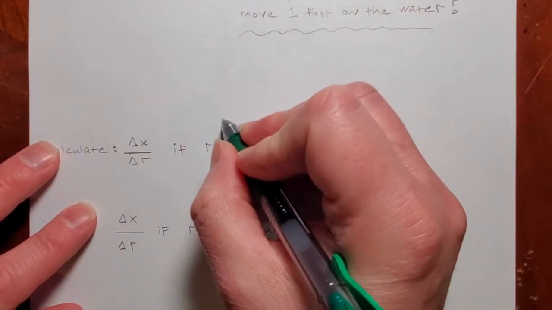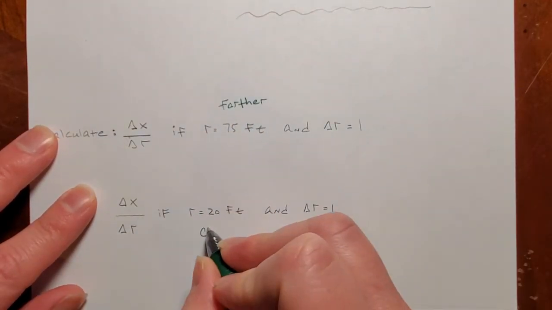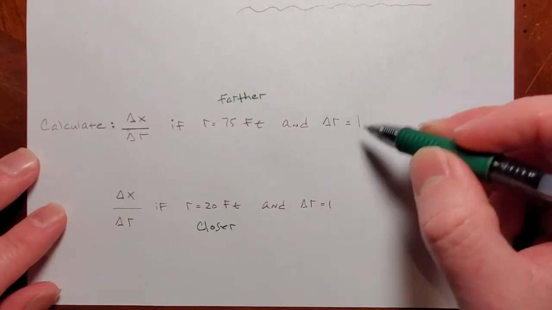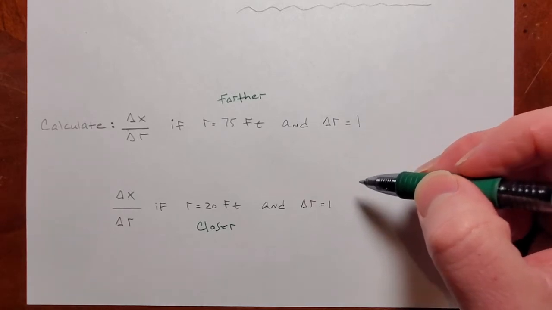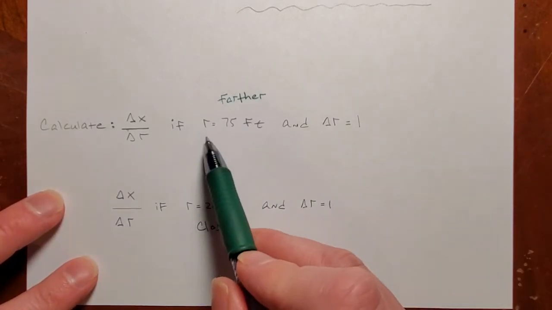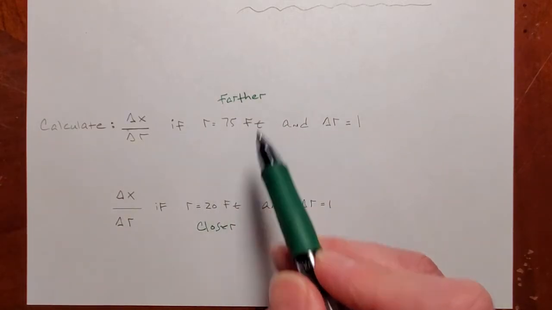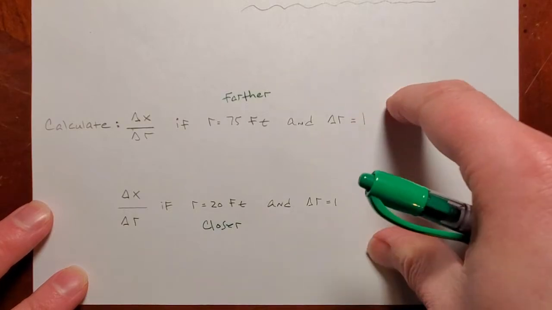Here, this is farther away. And here, this is closer. And you can pull in a foot of rope or have the rope length changed by 1 in either case. But the distance the boat moves on the water is going to be different depending on if it's further or closer. All right? Okay, so let's do both of these.